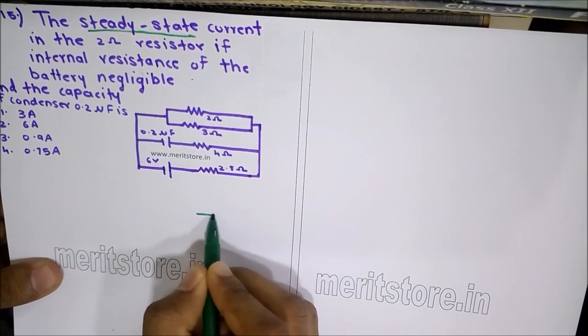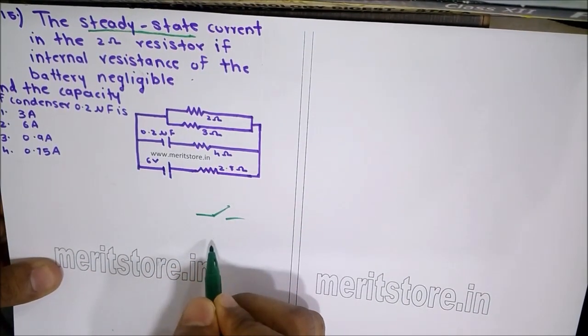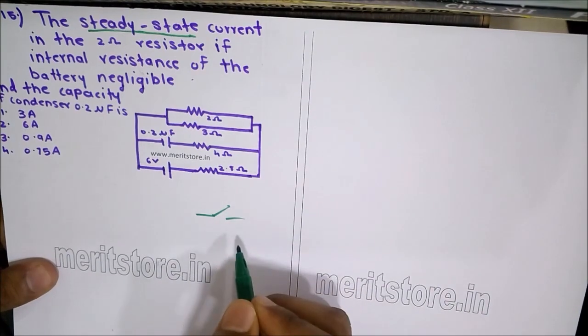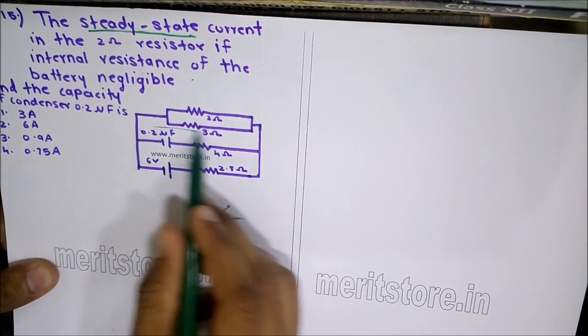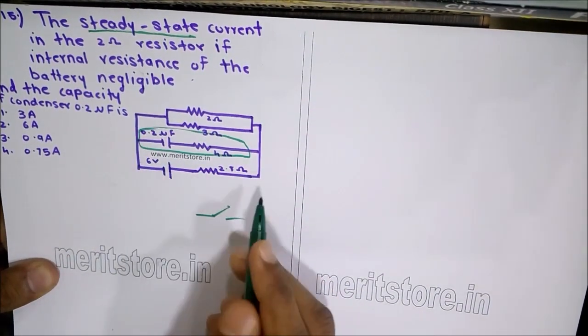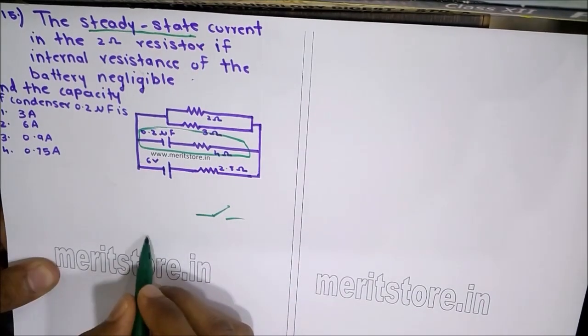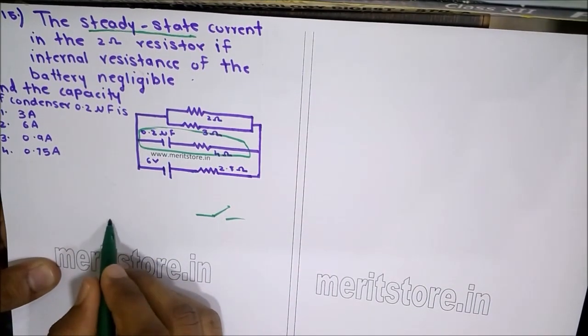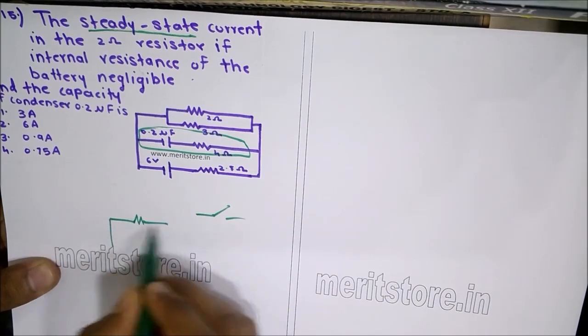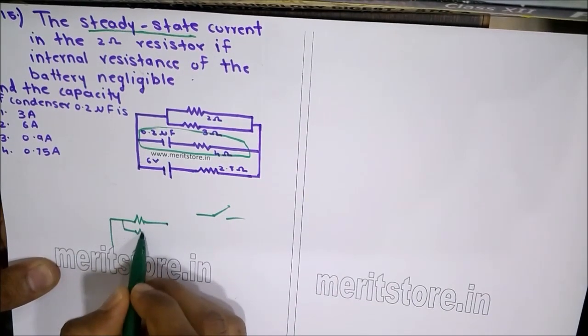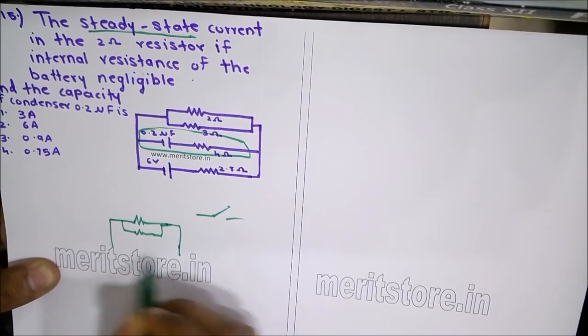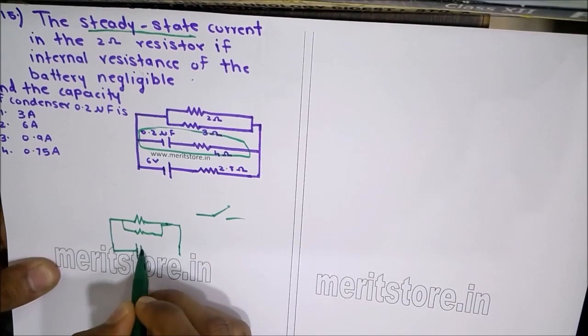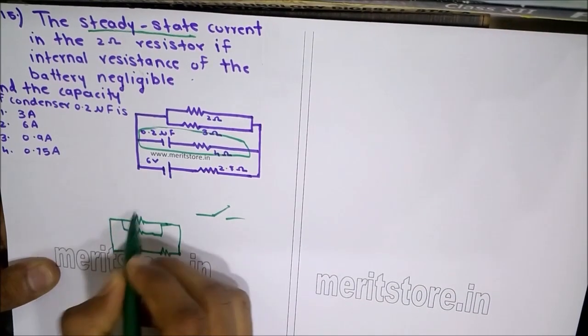That is, it acts as an open switch when steady state current is flowing through the circuit. Therefore, this arm becomes nullified. So the circuit now transforms into a 2 ohm resistor in parallel with a 3 ohm resistor, and it's in series with a 2.8 ohm resistor.